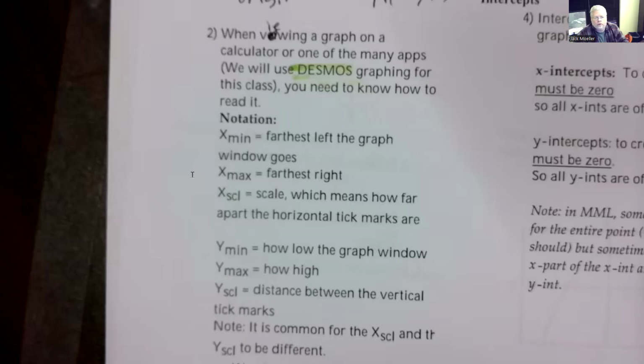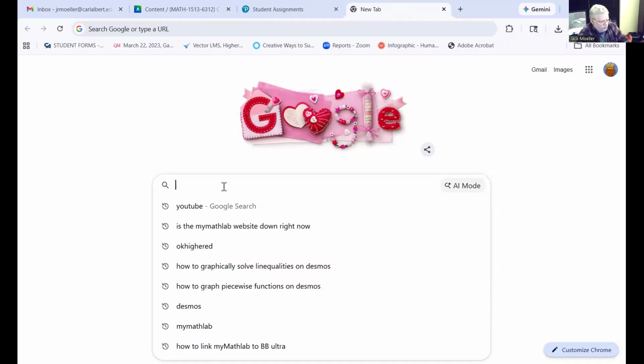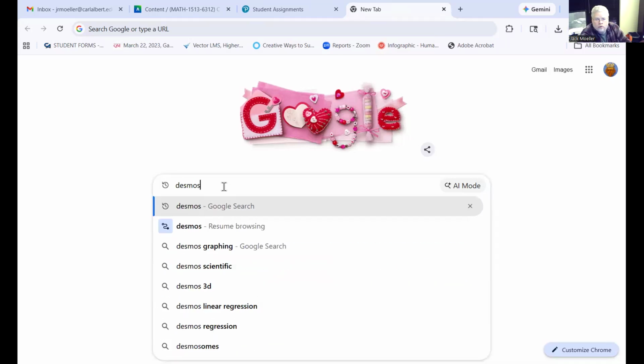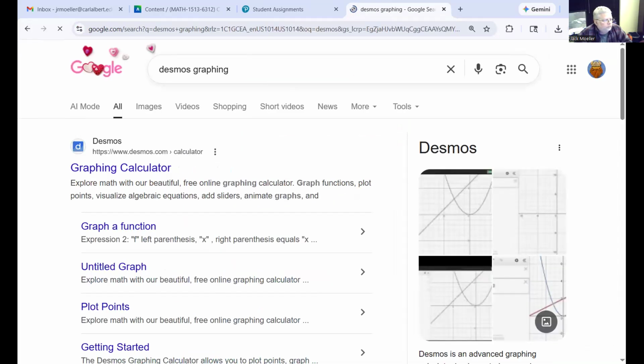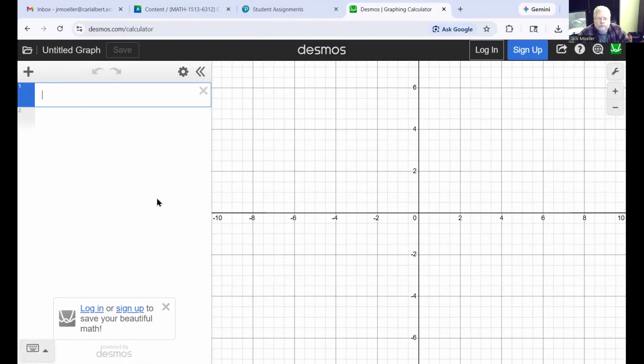All you do is go into Google, search Desmos graphing, and the first one that pops up is the graphing calculator. And so that's what this looks like. Now notice that it does have numbers on it so you can see it.